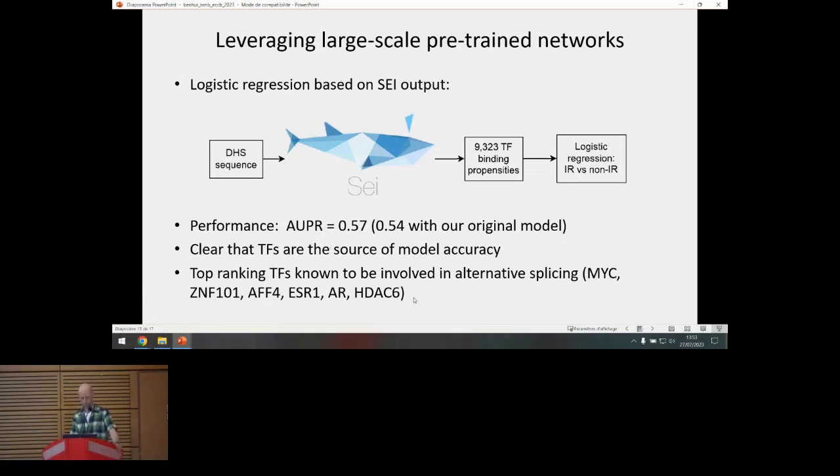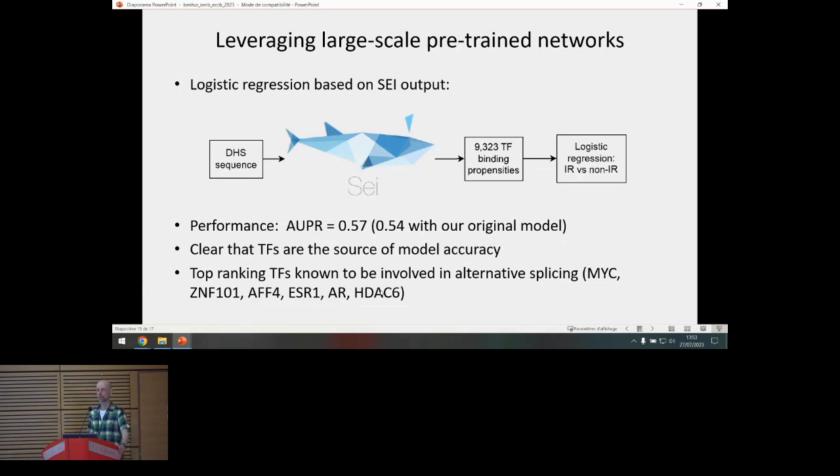And probably those of you who know a little bit of the biology know that HDAC6 is not a transcription factor. It's a histone deacetylase. But that's also relevant to this problem.